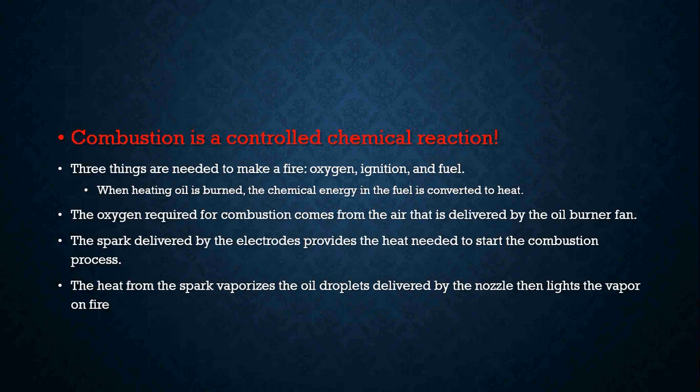When heating oil is burned, the chemical energy in the fuel is converted to heat. That is what we're doing. We are taking those three things, oxygen, an ignition source, and a fuel, and we burn the oil. That oil being burned is now being converted to heat energy.